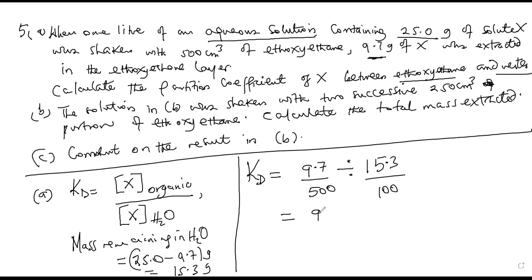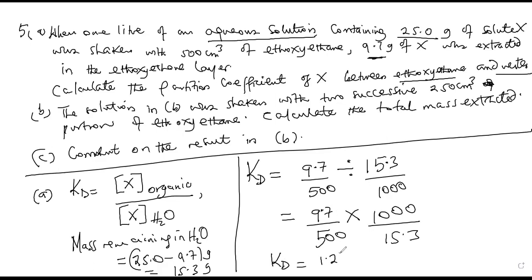So it's going to be 9.7 divided by 500 times 1,000 out of 15.3. And this is going to give us 1.27 as our KD. So once you have the KD, you can do part B.